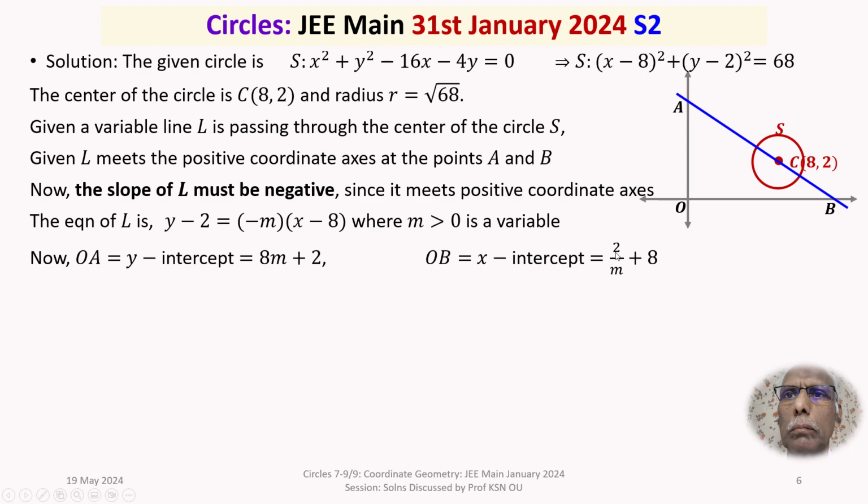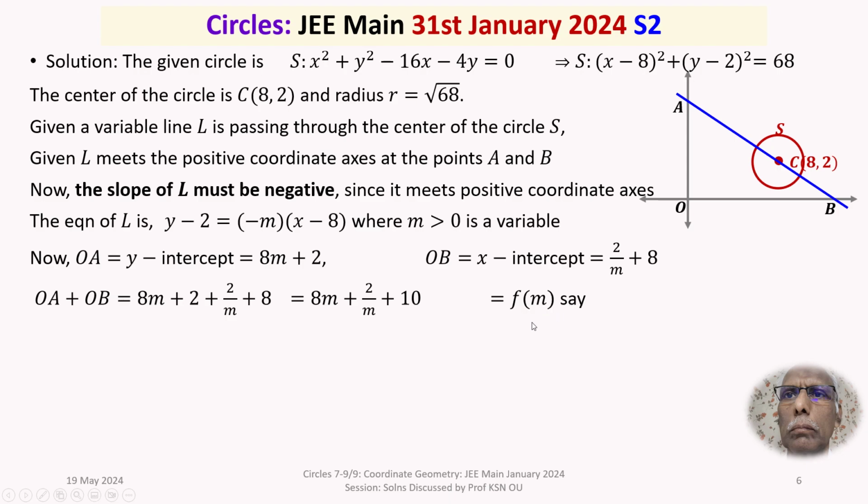Then you will get 2 by m plus 8. Now OA plus OB will be 8m plus 2 plus 2 by m plus 8. This will be 8m plus 2 by m plus 10. That is equal to f of m, where m is a variable.